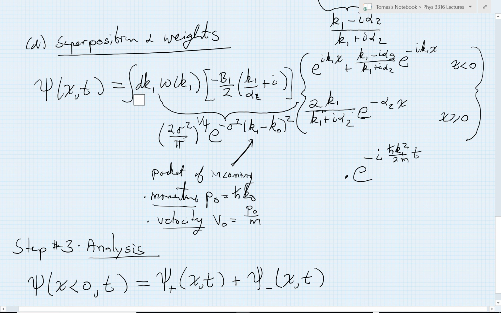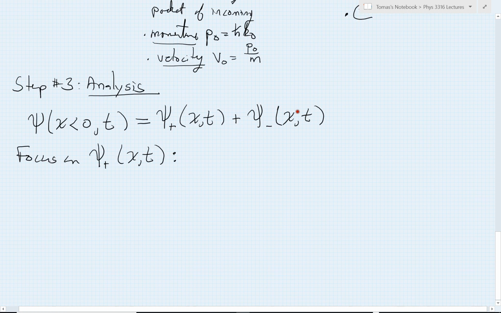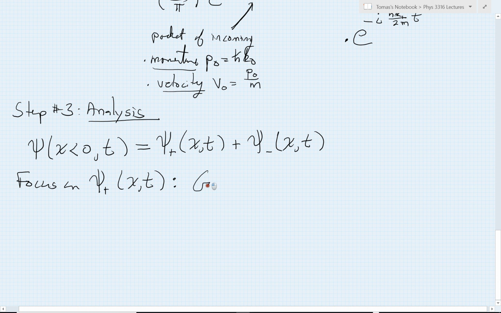But otherwise, it's the same integral, it's the same prefactor, it's the same forward traveling wave, and it is exactly the same time dependence. So this thing really is just my normal Gaussian packet. So it looks like my usual Gaussian free space packet that we had looked at before.